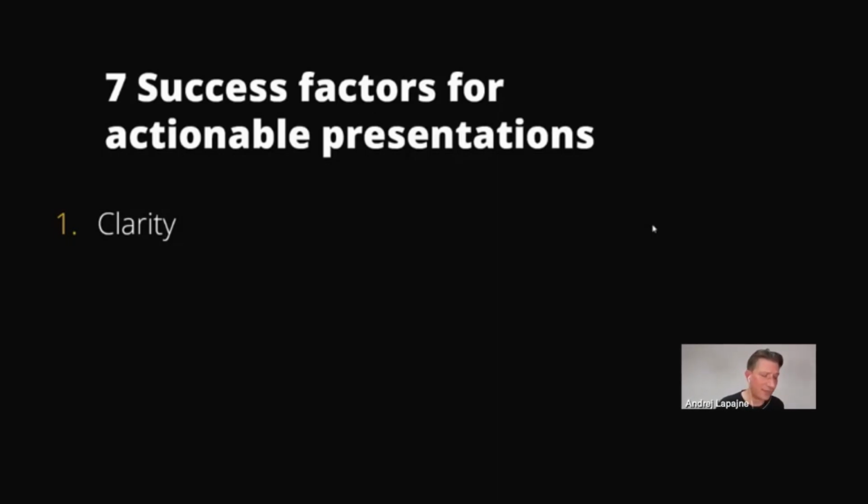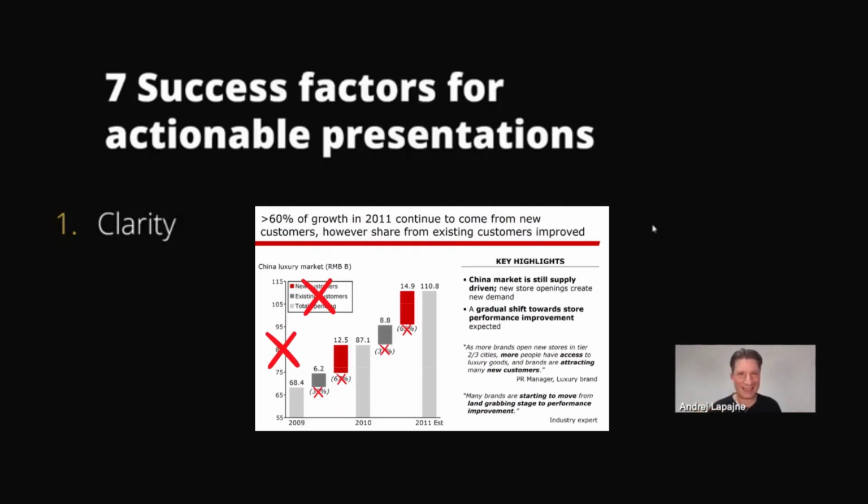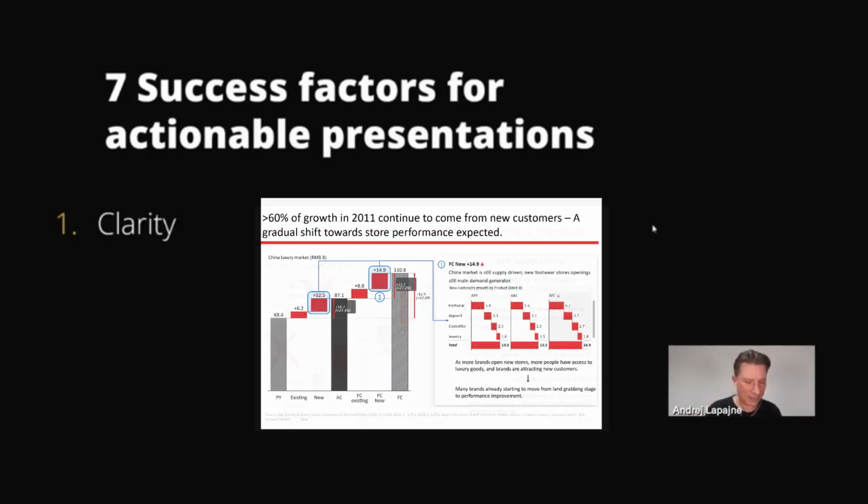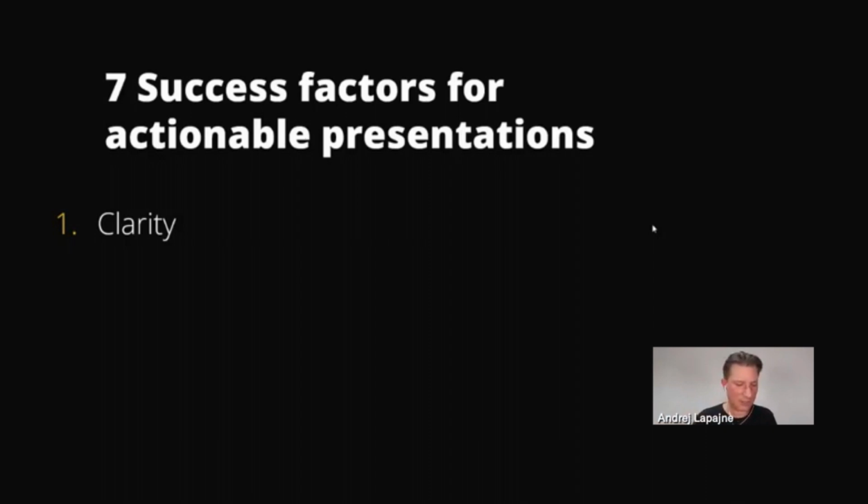So number one is definitely clarity, and clarity in the sense of cleanliness, of just cleaning your slides of all the clutter, or decluttering everything that you have. So just removing anything from backgrounds and chart decorations and visual effects that don't have any sort of meaning or content, right?